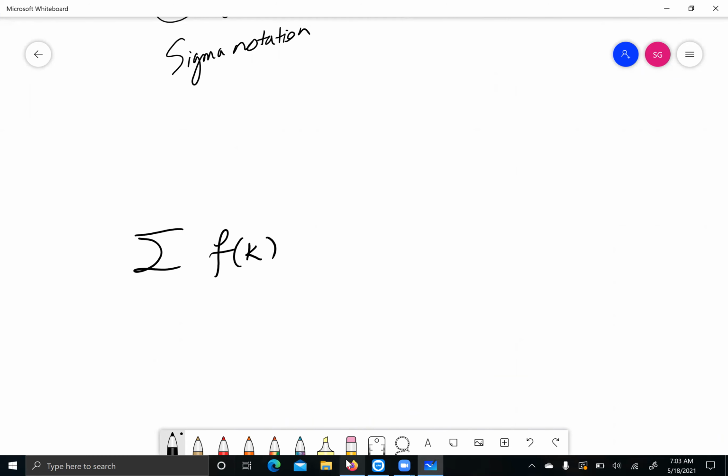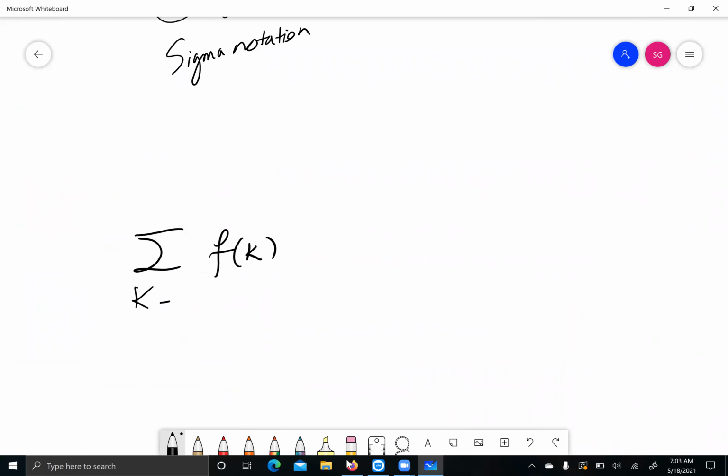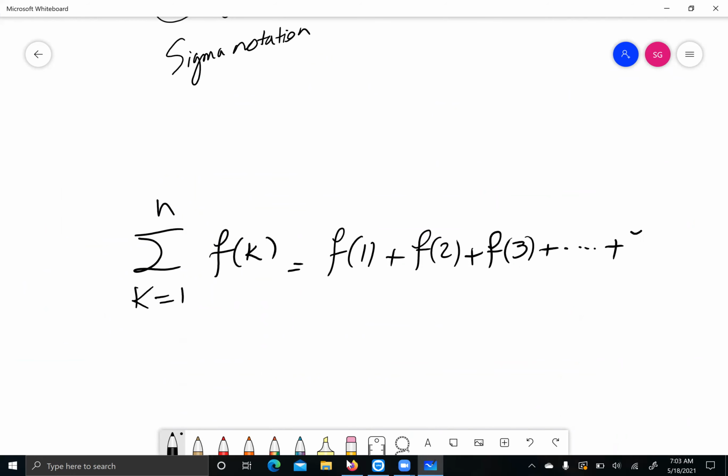So it's the summation of the output of function f of k from 1 to n. So it starts at 1, so f of 1 plus f of 2 plus f of 3 up to n. Whatever is n, we stop. So we start from here and we stop here, and we add everything in between. Okay.